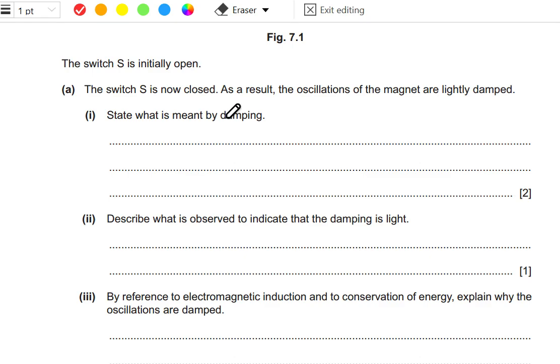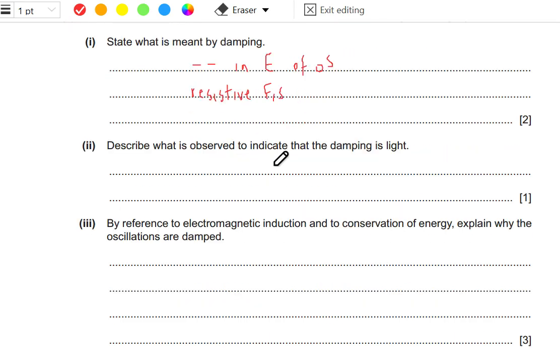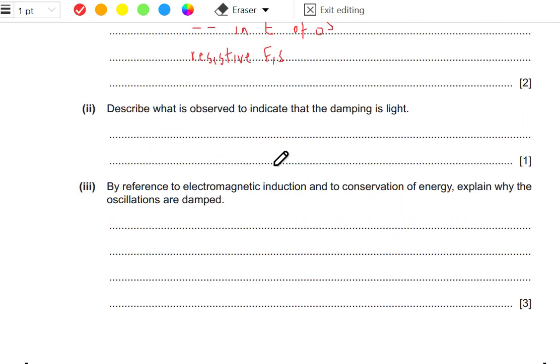State what is meant by damping: a decrease in energy of oscillation because of the resistive forces. Describe what is observed to indicate the damping is light. Oscillation continues.